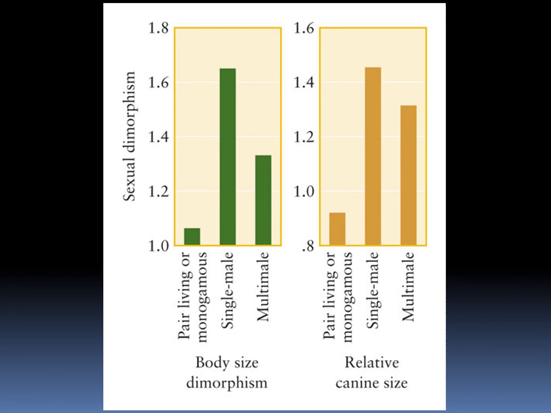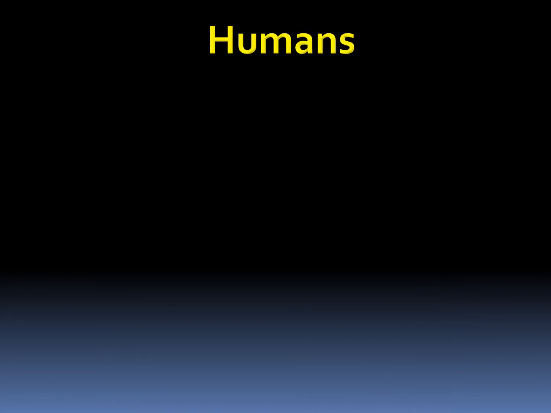If we look at a single male mating system, we're going to have huge degrees of body size difference in sexual dimorphism, and huge degrees of relative canine size, which means they're going to have very, very large canines. If you look at pair living or monogamous pairs, like humans, you're going to have very low differences in sexual dimorphism in terms of body size, and very small canine size.